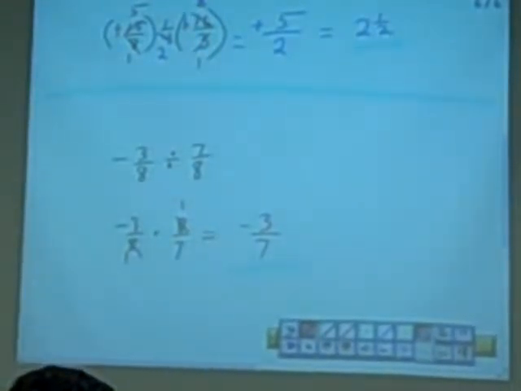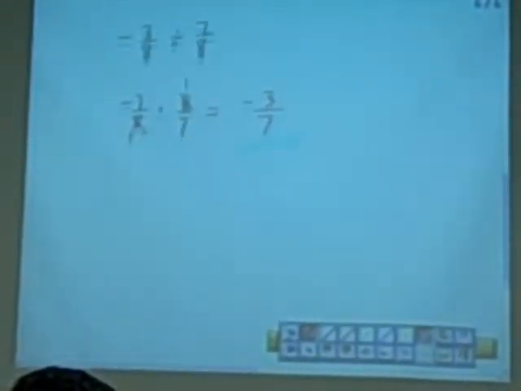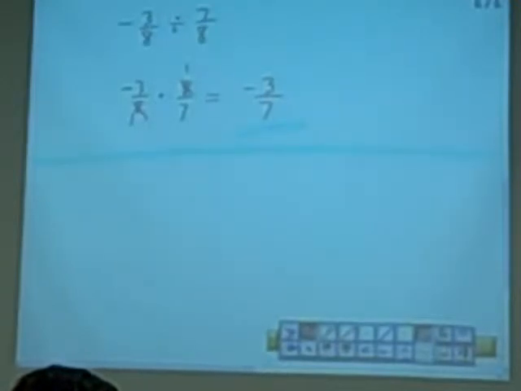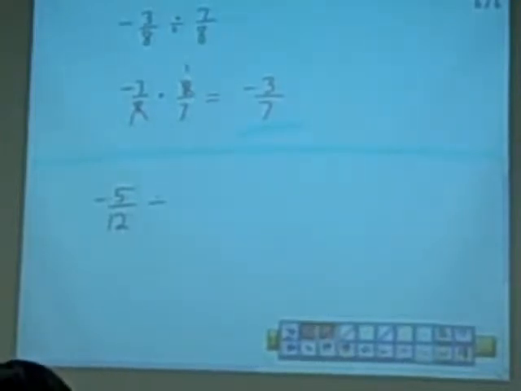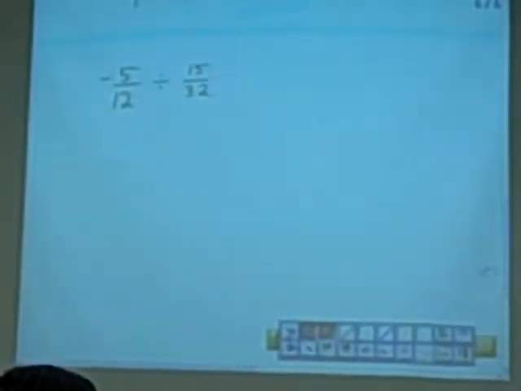Alright, so let's see. Here we have negative 5 over 12 divided by 15 over 32. Okay, so we got negative 5 over 12 times what? 32 over 15.